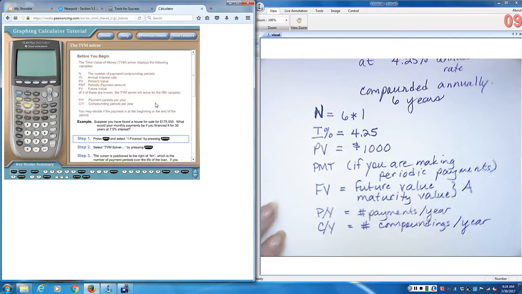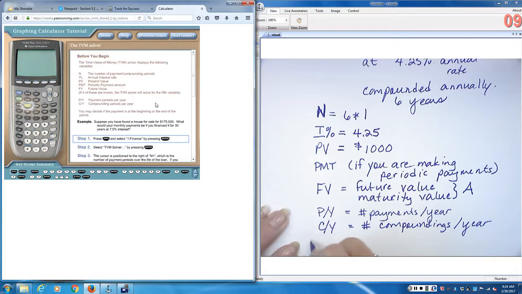And you have to decide, is the payment at the beginning or the end? Which won't come into play until section 5.3.